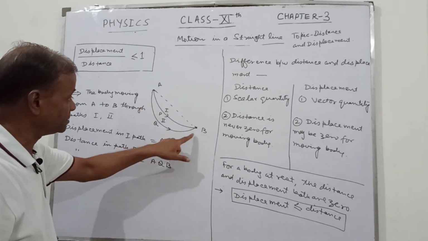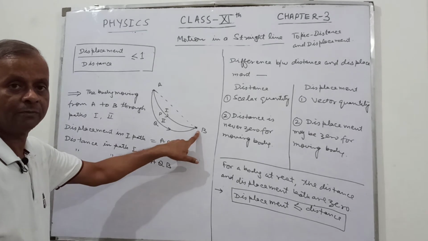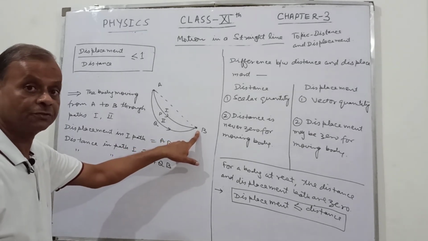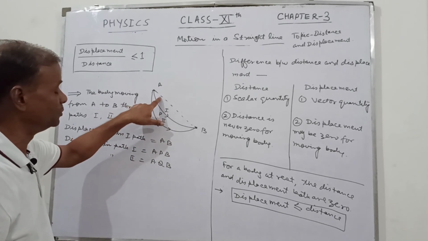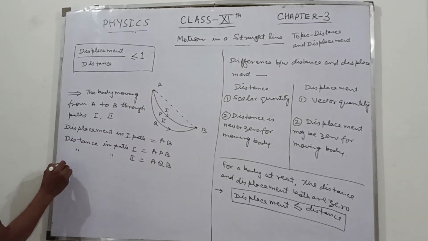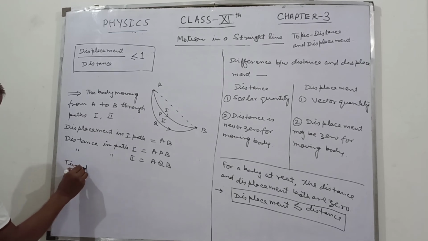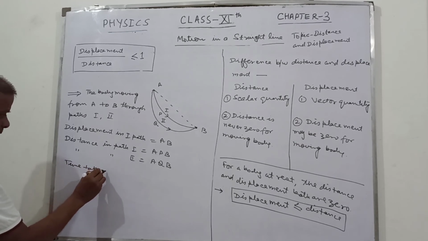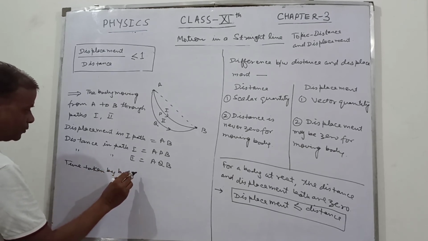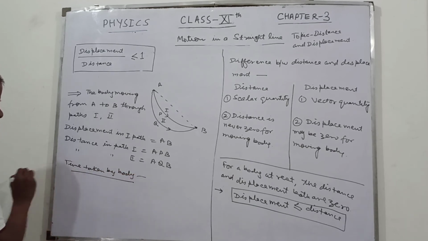So because of that, this body will move faster at this point and will reach before the body moving on this AB. Time taken by body.